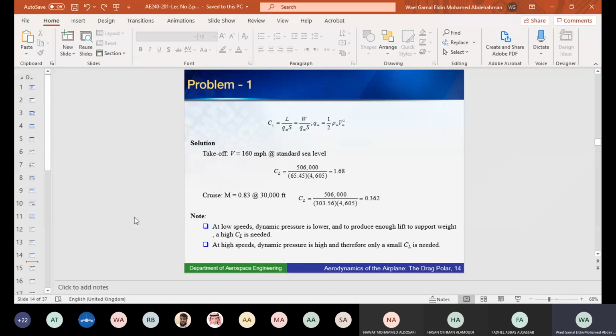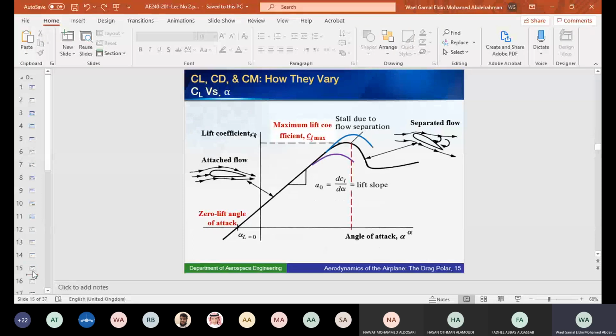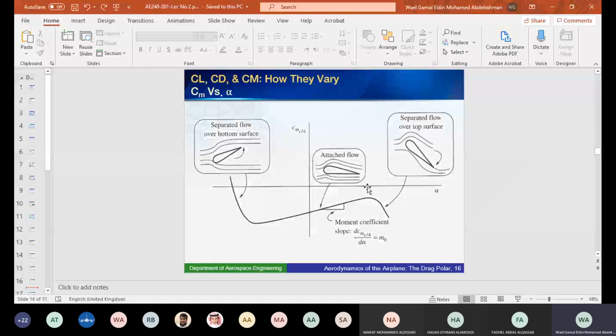So CL landing is more than CL takeoff in general. Stall occurs at either very high positive angle of attack or very high negative angle of attack. In both cases, we have stall, which reduces lift and increases drag and moment considerably.